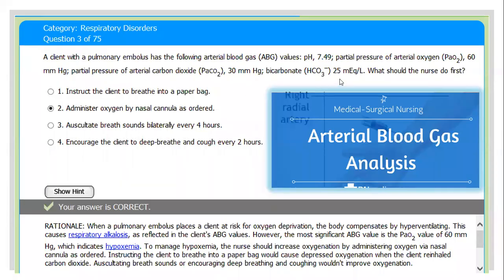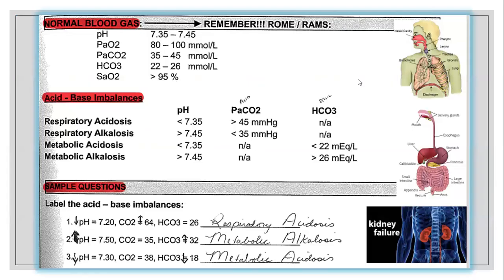And bicarbonate ion is here 25 milliequivalent per liter. So what else? It is within the normal range, right? So basically there is a three-row formula we have to know to answer this type of problem. pH is the indicator to differentiate between acidosis or alkalosis. If it is less than 7.35, it's acidosis.